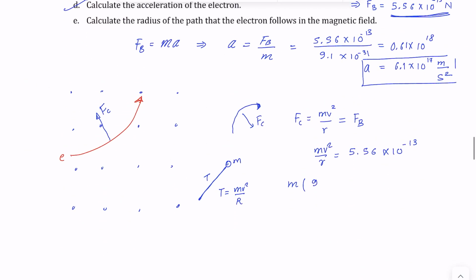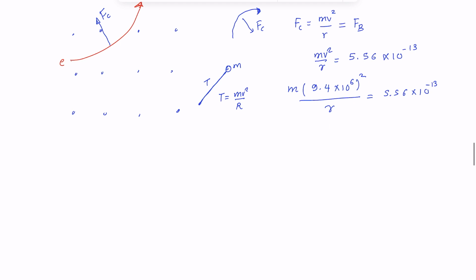So m times 9.4 times 10 to the 6 squared, over r, is equal to 5.56 times 10 to the minus 13.